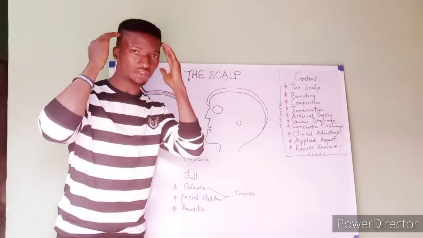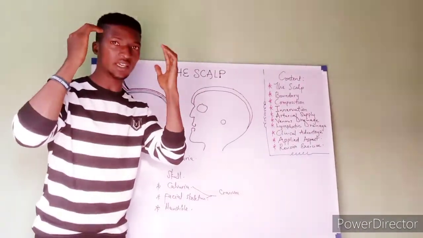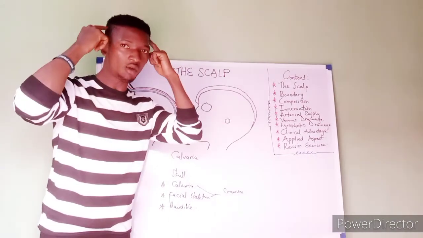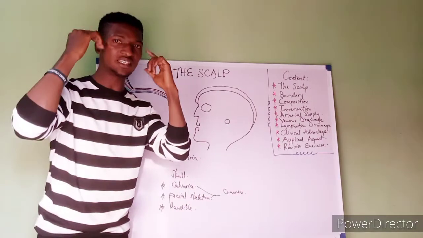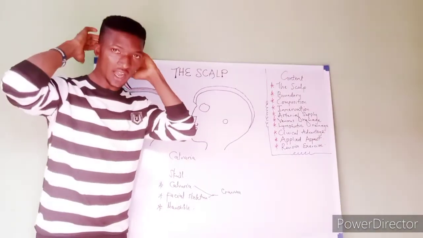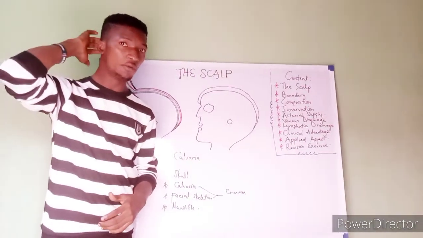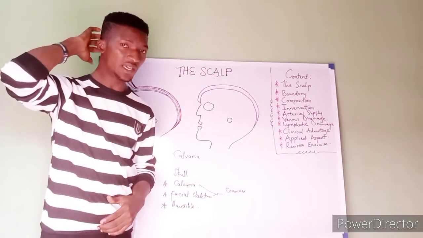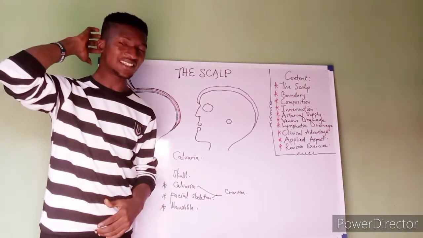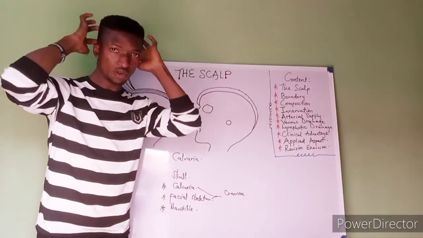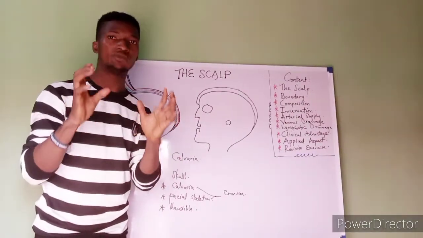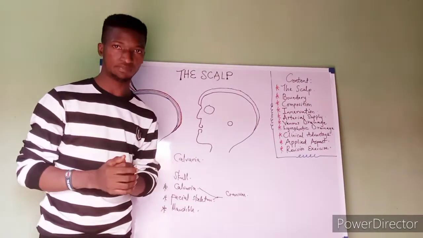The lateral boundary covers the superior temporal line above the temporal fossa, and the posterior boundary is around the external occipital protuberance and the superior nuchal line. This makes up the boundary of the scalp.